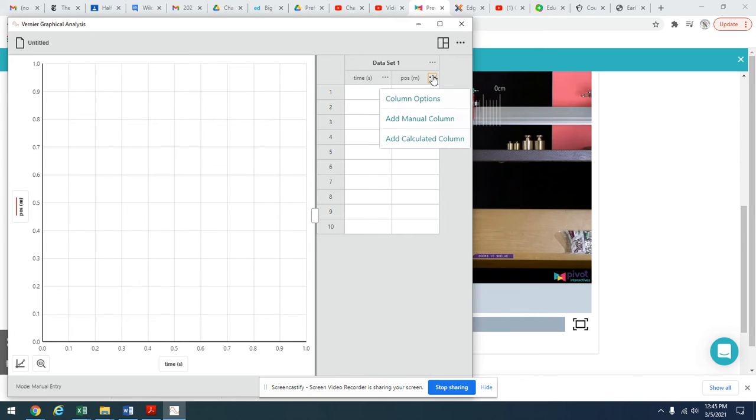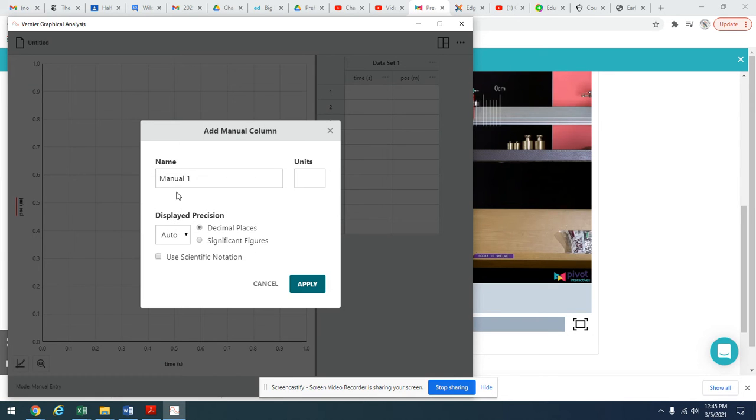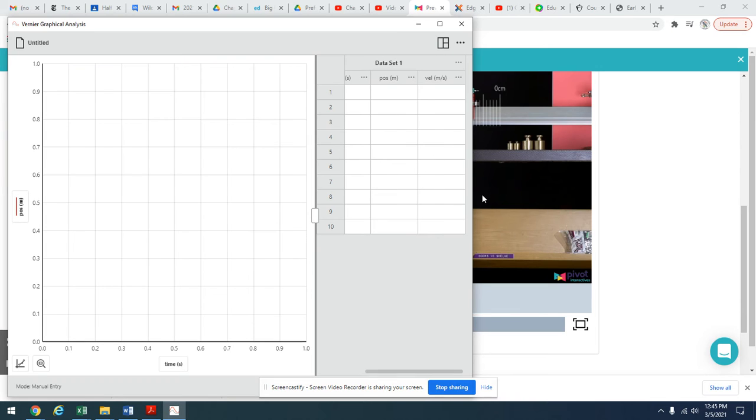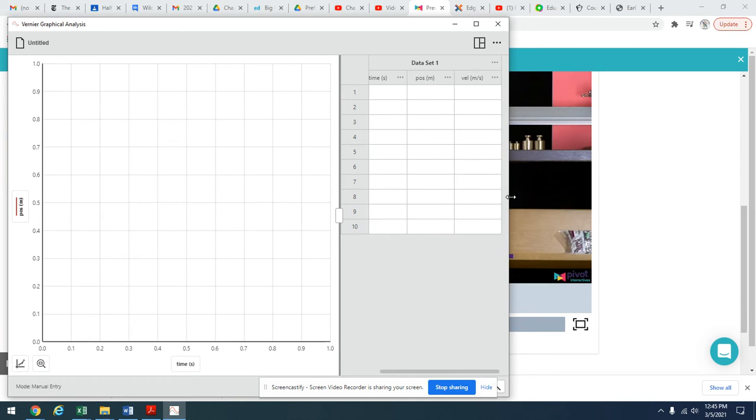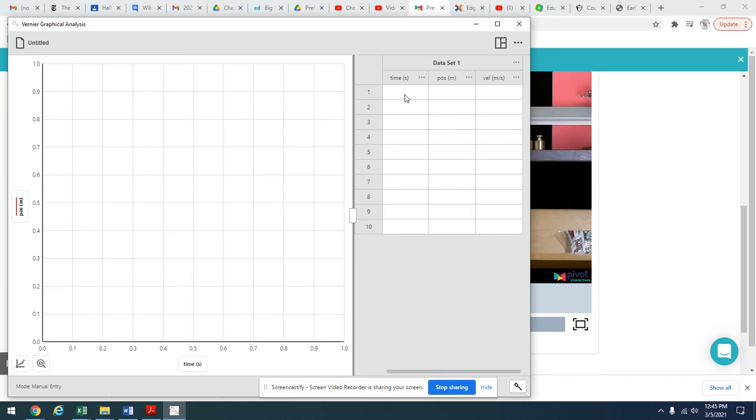And I know that in a second here, I'm going to do velocity also. Let's do that now. Velocity in meters per second. Okay. Up a little bit. Looks good.